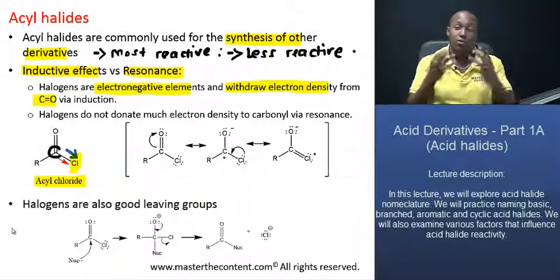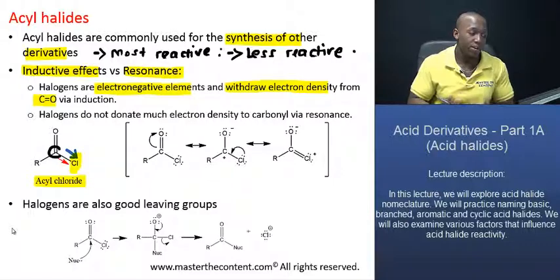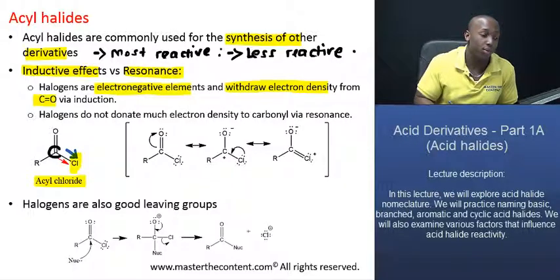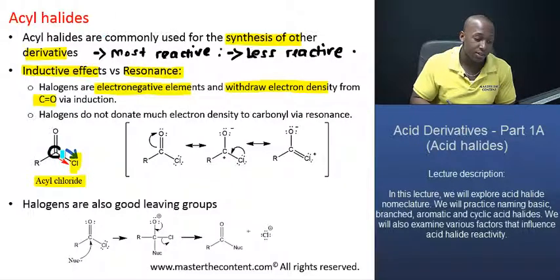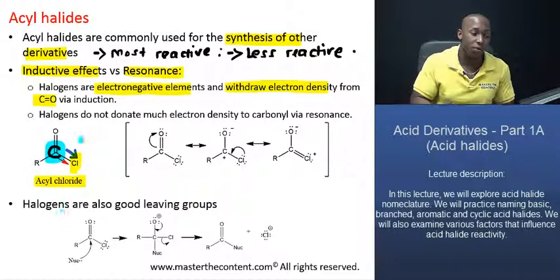Inductive electron withdrawal in this way will actually make the area around this carbonyl carbon less negative, or we can say that it will increase the partial positive charge of that carbonyl carbon because of the relative polarity of the group. I'm going to repeat that one more time to make sure you understand it.